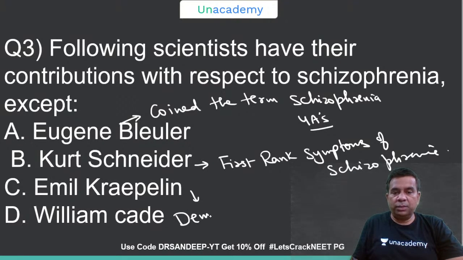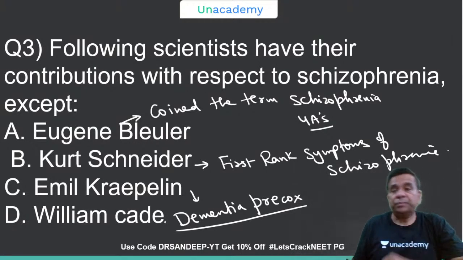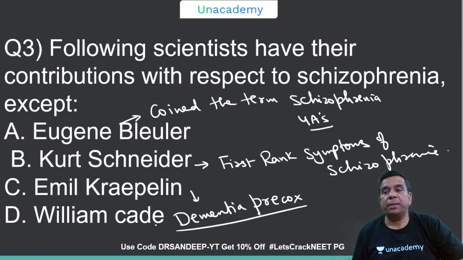Kraepelin has classified the psychosis and given the name dementia praecox. William Cade is not there in schizophrenia.